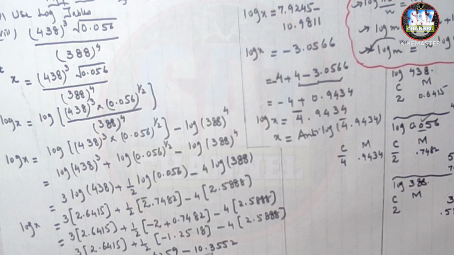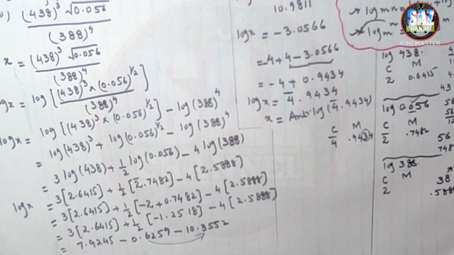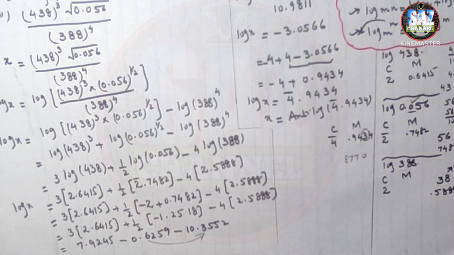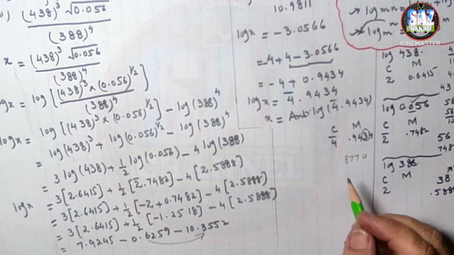Role of characteristic will be discussed later, and then I have to locate 0.94. Let me hold the book. 94 in the column of 3 is 8770. Always recheck your values and keep ruler under your value, and in the mean difference column 4, this is giving me 8.